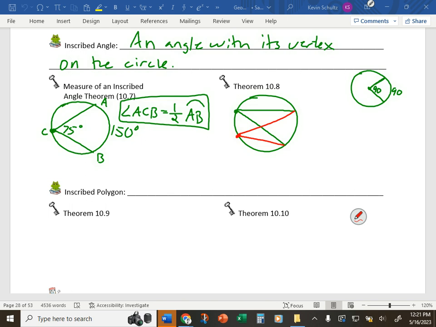Now, if you'll notice here, both of these inscribed angles create the same arc. Right? Both inscribed angles create arc AB.